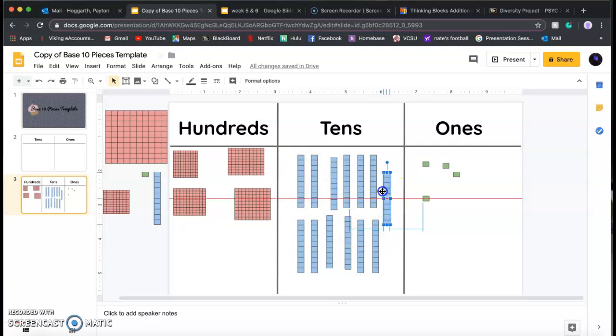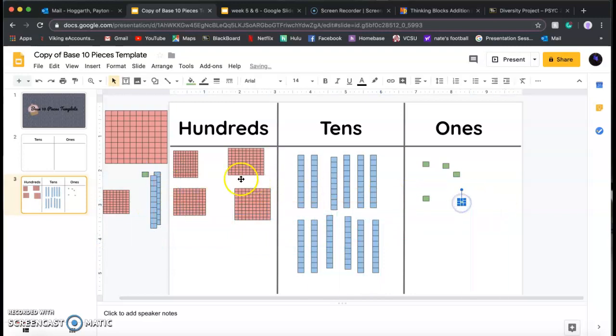And now what I could do is take away a 10, and I need to add it to the 1s. Eight, 9, 10.